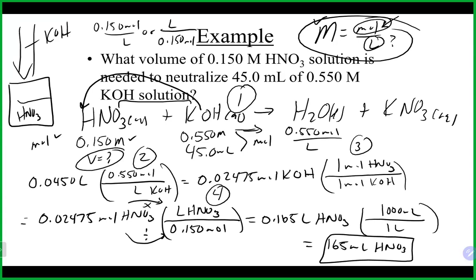And it is in a certain situation. This happens to be that situation. If the mole-to-mole relationship is one-to-one, you could use M1V1 equals M2V2, and you will get the right answer. But if the relationship is not one-to-one, you'll get the wrong answer because you will not have the stoichiometry correct. So they definitely want you to show it more as a stoichiometry problem.